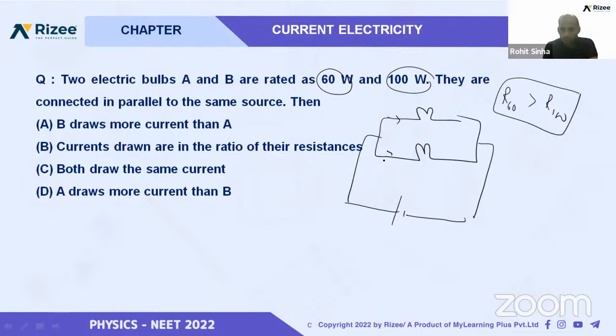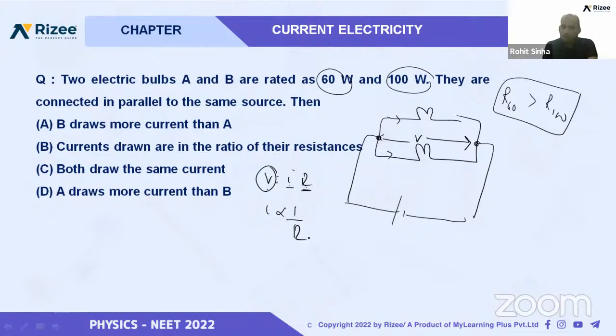Both have the same voltage. We know that V is equal to IR by Ohm's law. Voltage is same, so I depends upon R, that means I is inversely proportional to R.